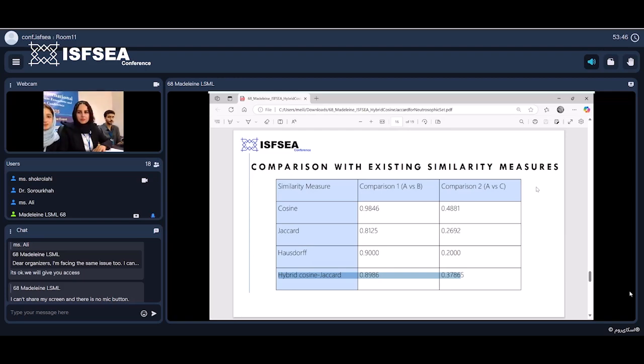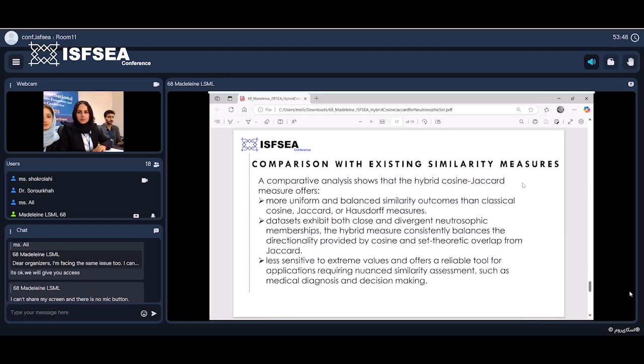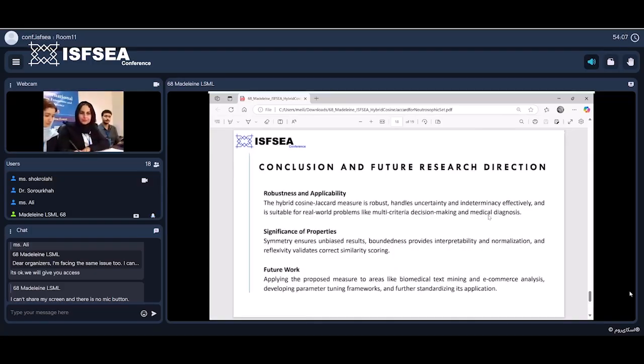It gives us a balanced result. So in other words, we have more uniform similarity outcomes. We also have data sets exhibiting both close and divergent Neutrosophic memberships, and it is less sensitive to extreme values.